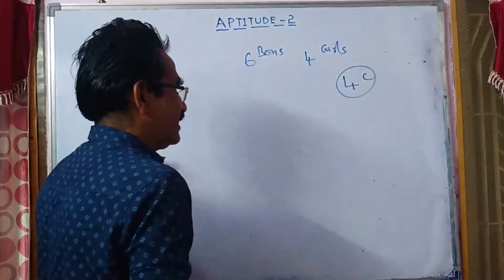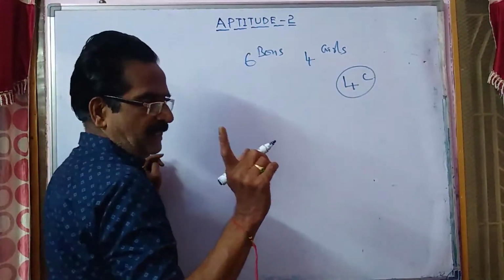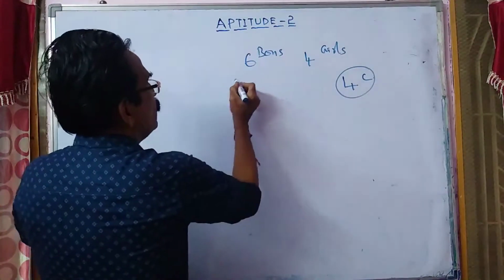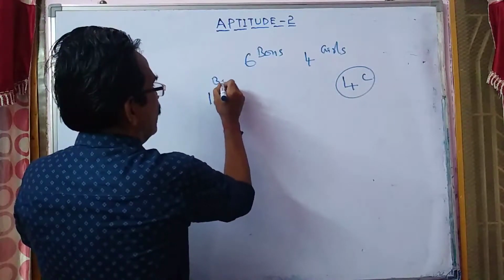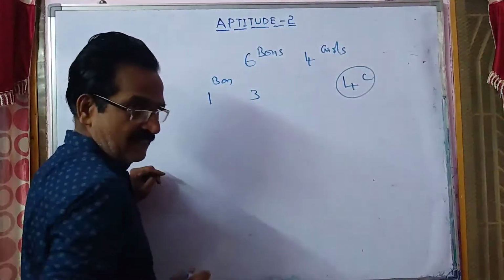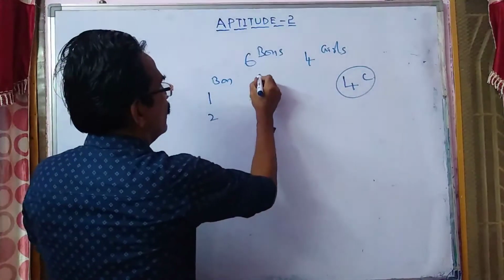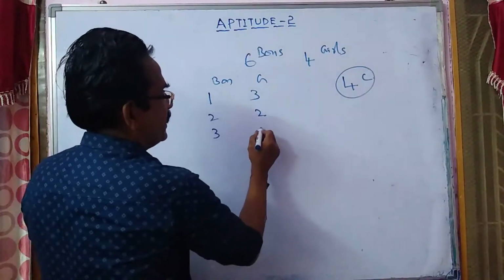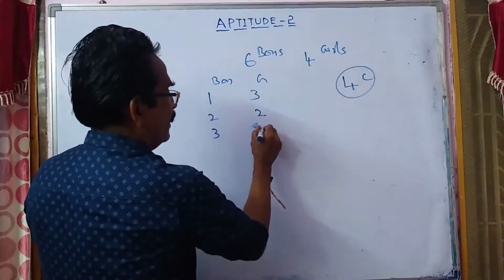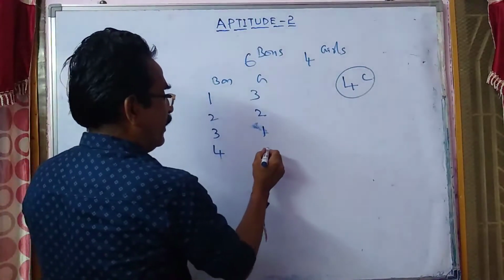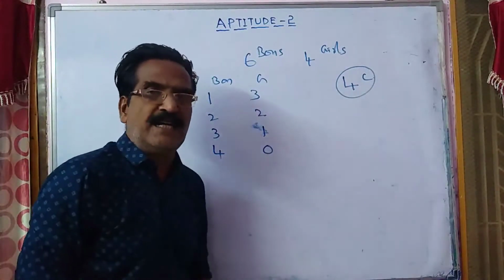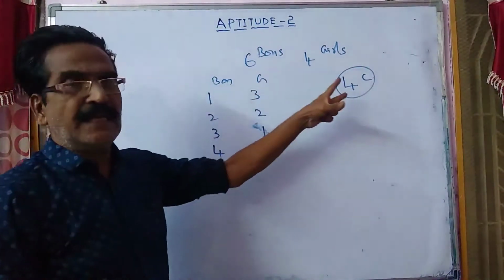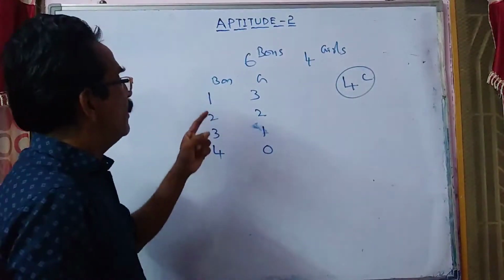The first way: at least one boy is to be selected. So you can select one boy and three girls, two boys and two girls, three boys and one girl, or all the four boys and zero girls.